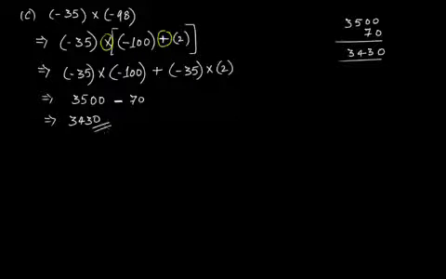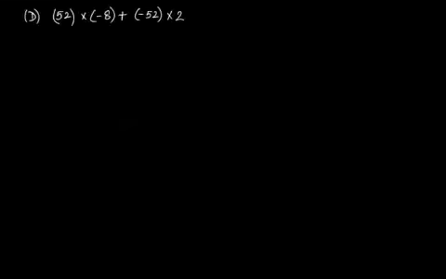So this is the answer for this one. Again, what we did, we made minus 98 as minus 100 plus 2, then we used the distributive property of multiplication over addition, and following these steps we got the answer 3430. Now you have this question.